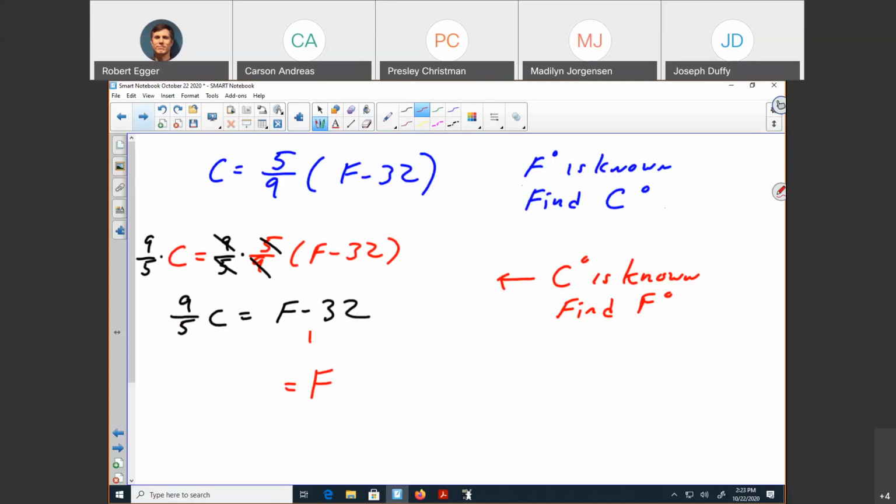And the last thing to get F by itself is to have this guy cancel out. So it looks like 9/5 C plus 32 degrees gets us the degrees Fahrenheit.